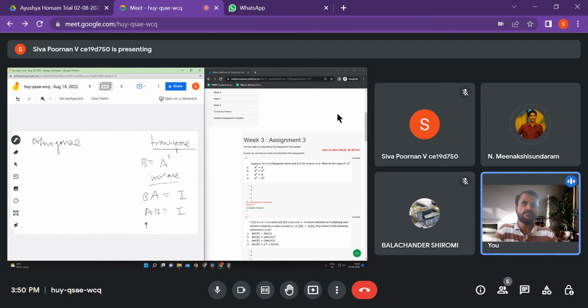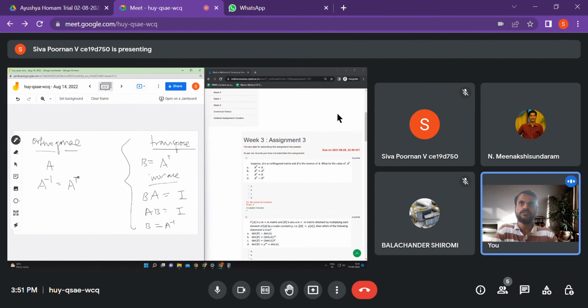So we have a symbol A inverse. Okay, these are the basics that we have to know. And by orthogonal, what we mean is that a matrix A is said to be orthogonal if its inverse, which should be a new matrix, happens to be the same as its transpose itself.